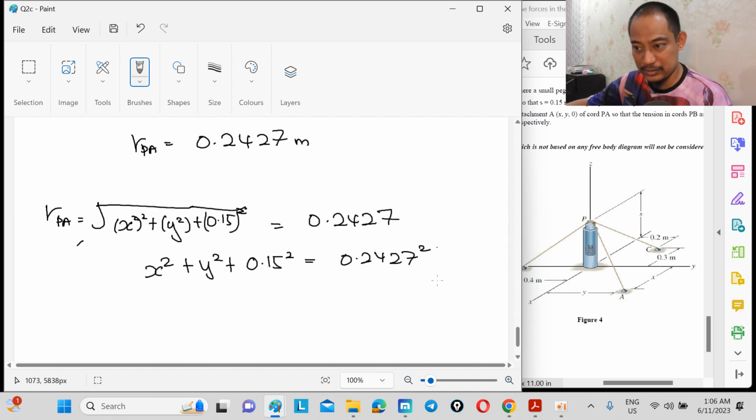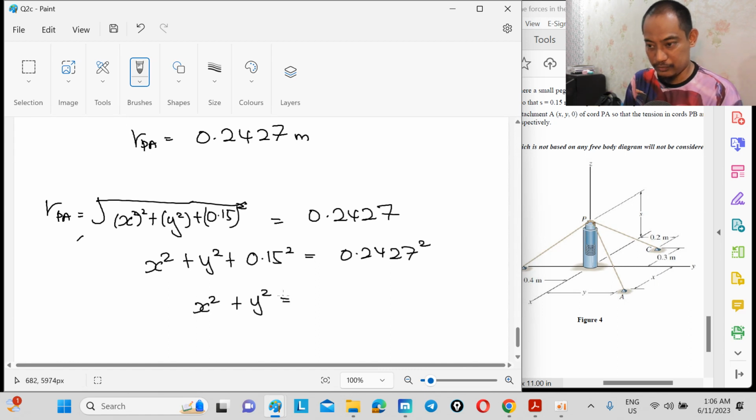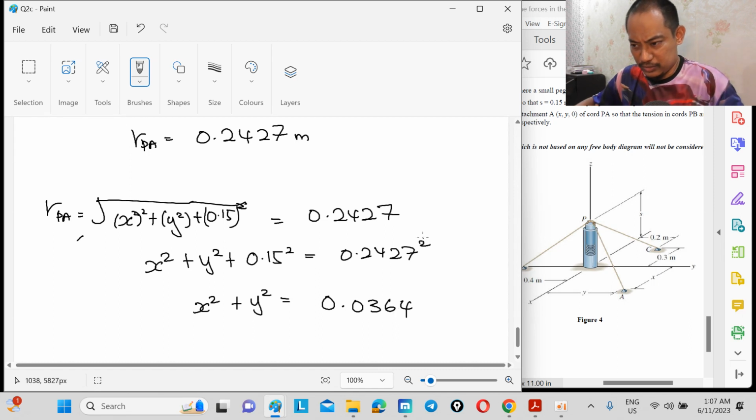So in this case, what we will have is x square plus y square equal to 0.2427 square minus 0.15 square, which is 0.0364. So this is equation number one.